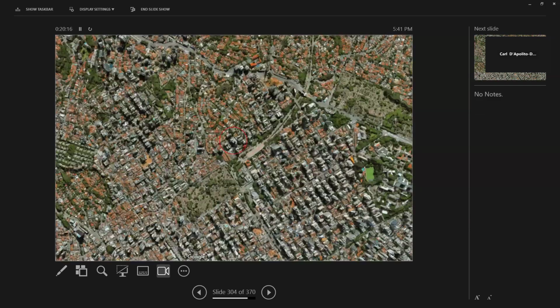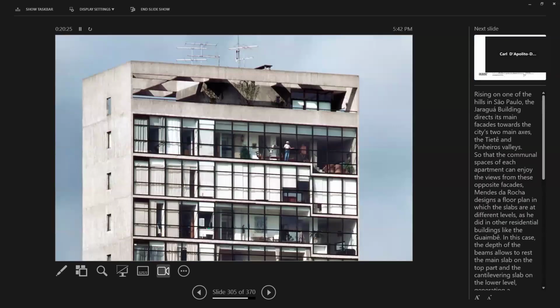And then, what is this? Oh, I've shown this to some of you before. I really like this building. This is also Paulo Mendes da Rocha, the Edifício Jaraguá. He's done this twice. This is the one that I like better.